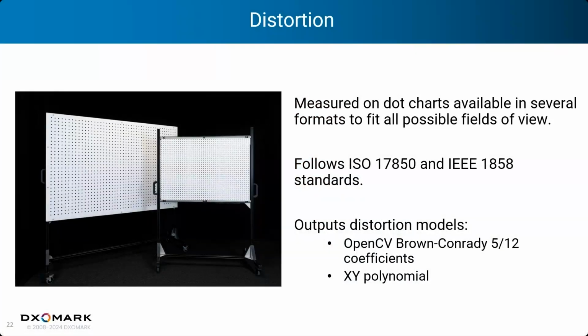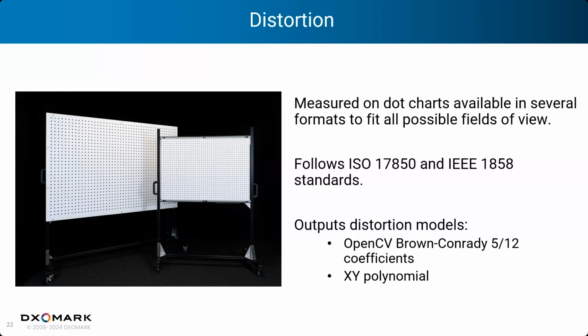Okay, so those dot charts follow the standards ISO 17850 about geometric distortion and the IEEE 1858 CPIQ standard, which we helped write. Along with the metrics that are defined in those standards, which we follow and output, we also generate the distortion models that are used to fit the distortion and to understand how distorted your camera is.